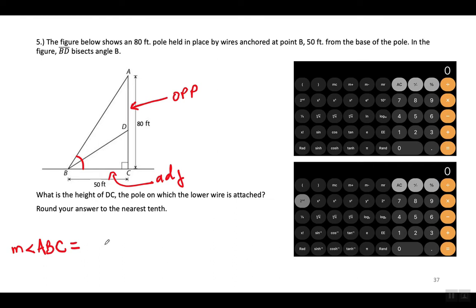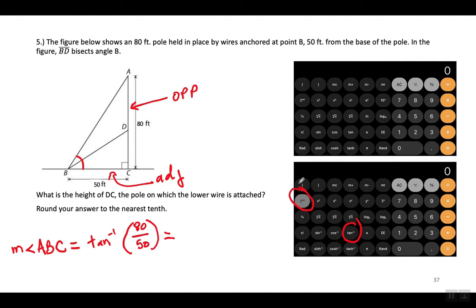So the measure of angle ABC is going to equal the inverse of tangent, 80 divided by 50. Which is going to equal, let me get my calculator here. And remember that for these, you got to use this key right here, which means first you got to hit this button.